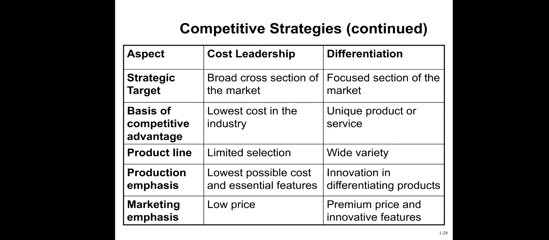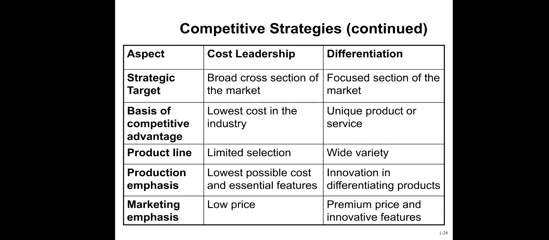Okay, and then basis of competitive advantage: for cost leadership, the basis of competitive advantage is the lowest cost in the industry. For differentiation, the competitive advantage is a unique product or service. In terms of product line, cost leadership has limited selection, differentiation has wide variety.